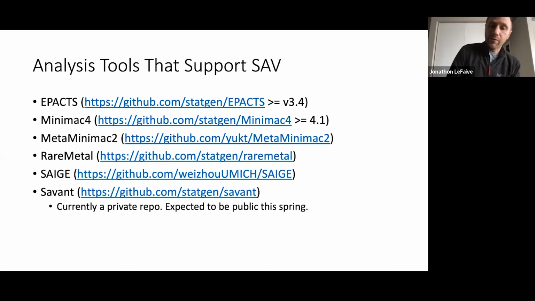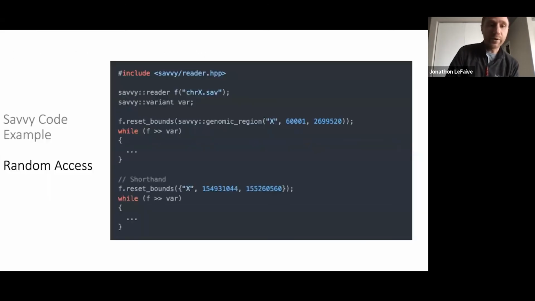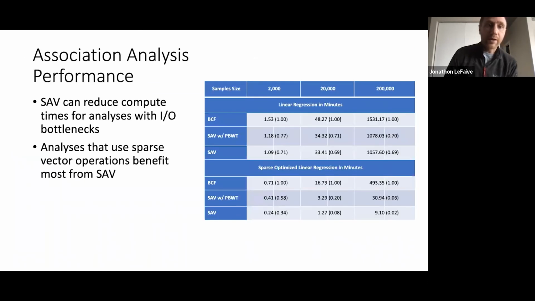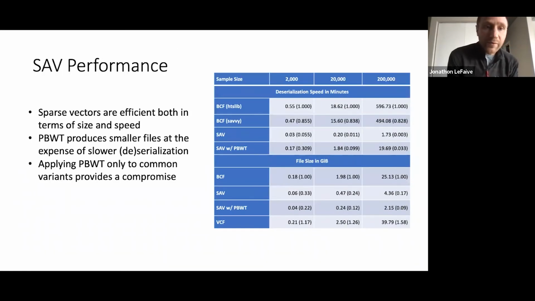The other, when that's available, that will be the easiest way. But the other thing I want to point out is that while Savvy, the C++ library we developed, is cleaner, it's also faster. Sorry, one more slide back. So if you look at the top table here, I'm doing compute times for reading in BCF with HTSLib and then also with Savvy.